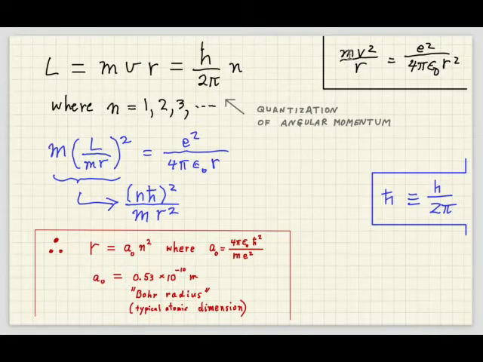So on the left-hand side, we'll just have mv squared. On the right-hand side, we'll have e squared over 4 pi epsilon 0 r. And now mv squared, well, from this equation, v is L over mr. So here's v squared, L over mr squared.